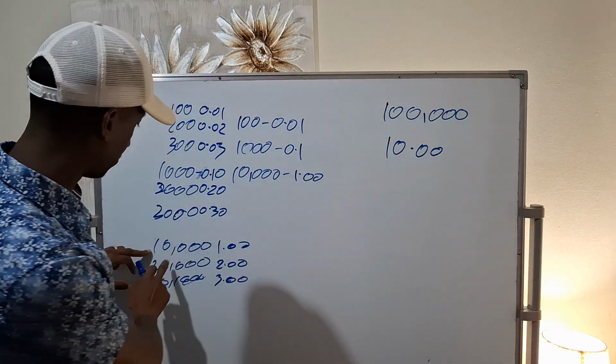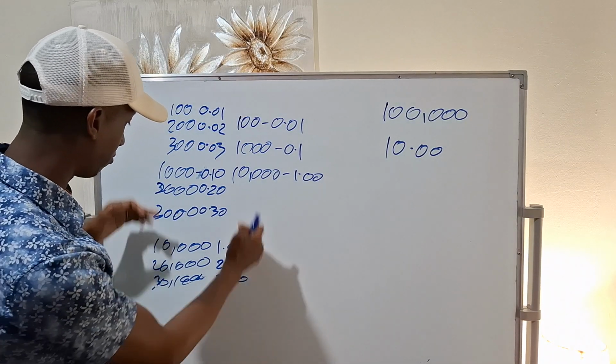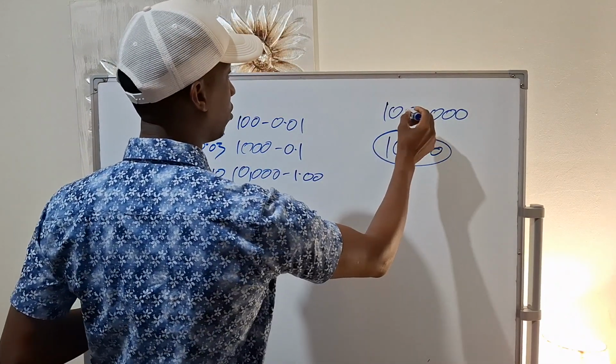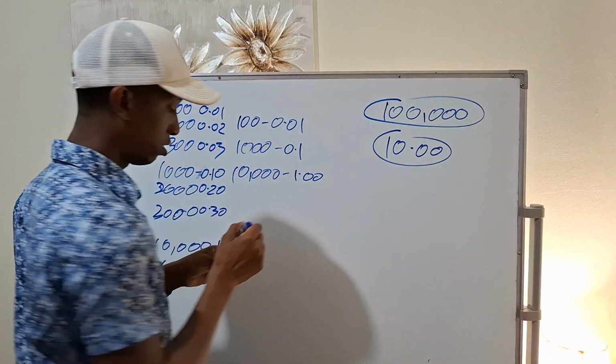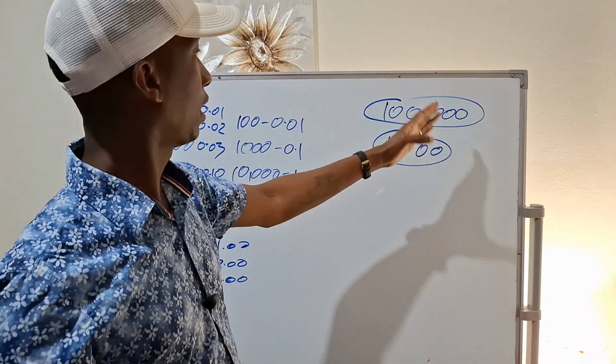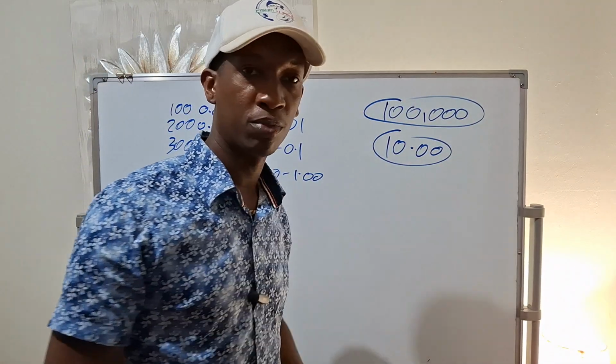So 10,000, 1 standard lot; 20,000, 2; 30,000, 3. I am not using this lot size just because I have 100,000. I'm not doing that.